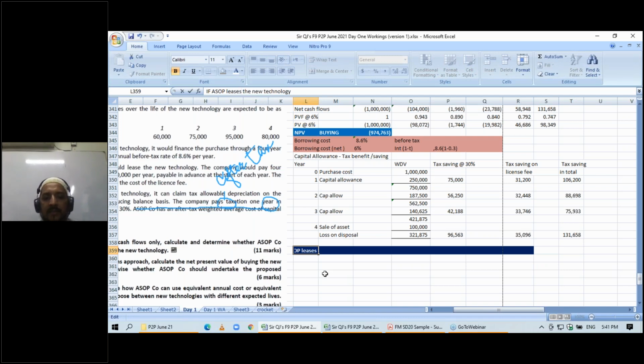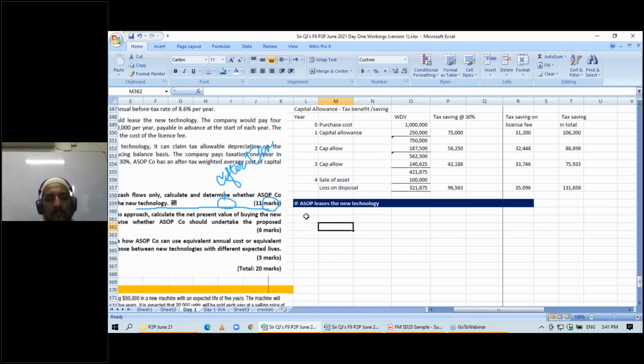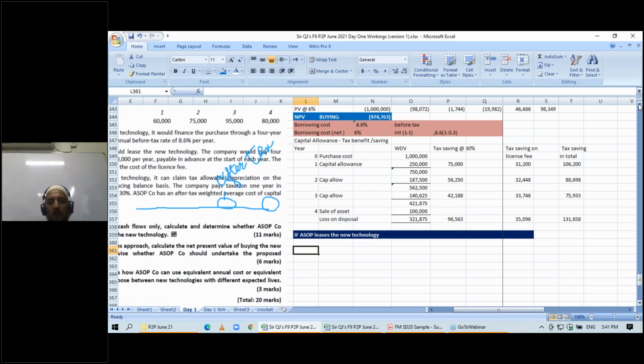If ASOP leases the new technology, what happens then? Okay, so students, if they lease the technology, I'm using the present value technique of annuities. You remember annuities?